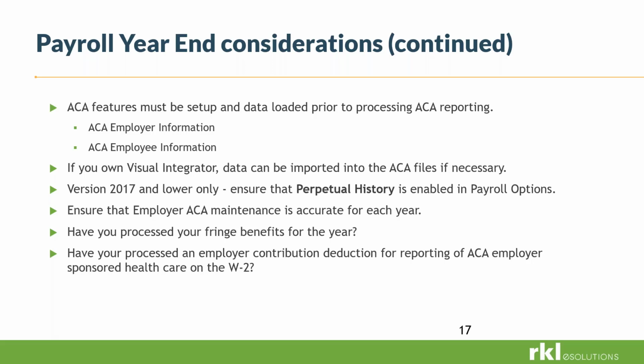A couple of other things: just make sure that you've processed your fringe benefits for the year and that you have processed an employer contribution deduction to report Affordable Care Act employer-sponsored health care, if that applies.